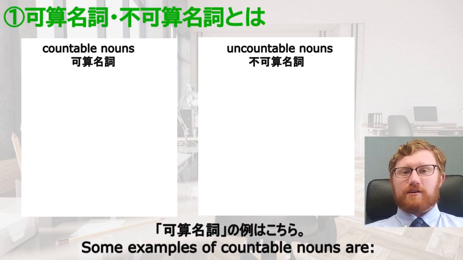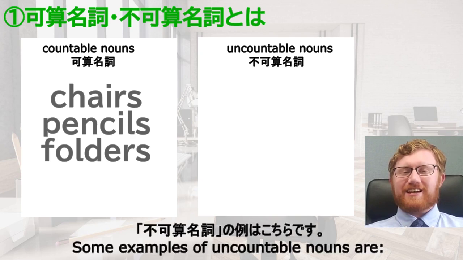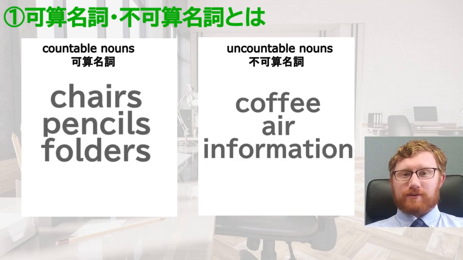Some examples of countable nouns are chairs, pencils, or folders. Some examples of uncountable nouns are coffee, air, and information.